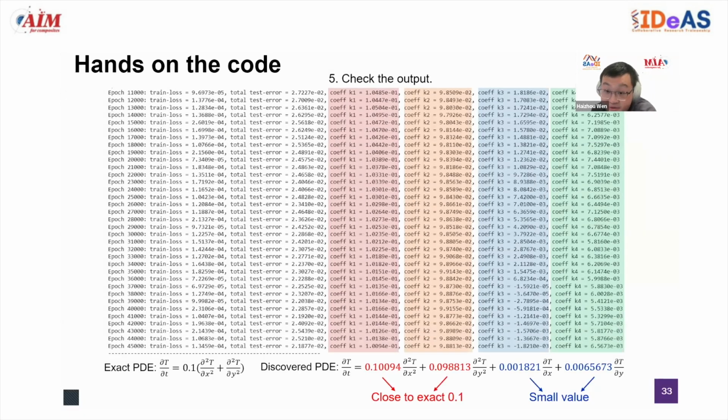And in the output history, the coefficients of the 2 second order terms are approaching the correct value of 0.1, and the 2 non-effective terms are given very small coefficients. This means the inverse PINN thinks these 2 terms are less effective than the former 2.